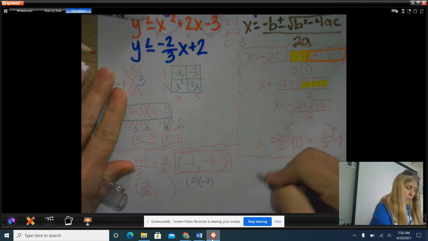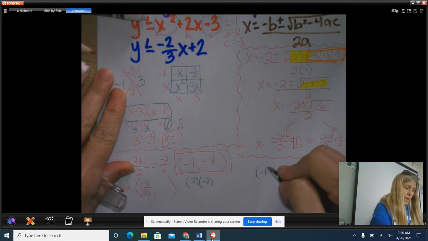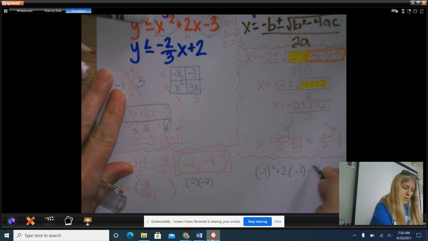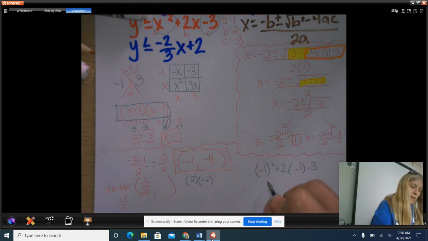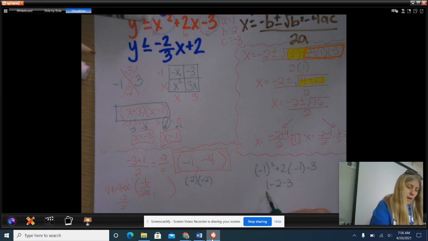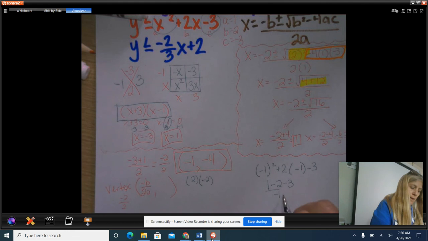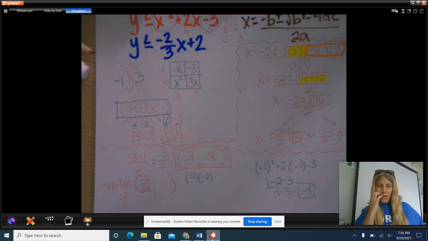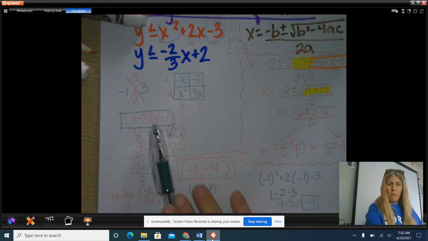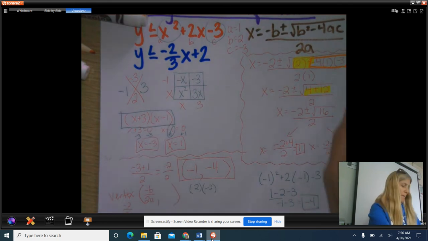So when we do that, we're going to plug in -1 squared plus 2 times -1 minus 3. -1 squared is +1. 2 times -1 is -2, and -2 minus 3. 1 minus 2 is -1, and -1 minus 3 is -4. So once again, as long as you're doing your calculations correctly, it doesn't matter whether you plug it into the original equation or into your product form because there are two ways to write the same item.